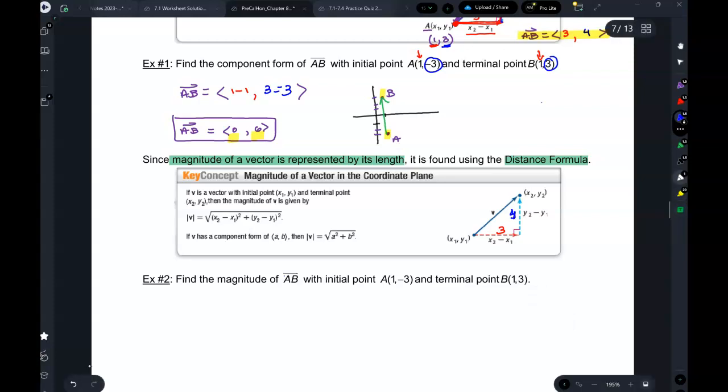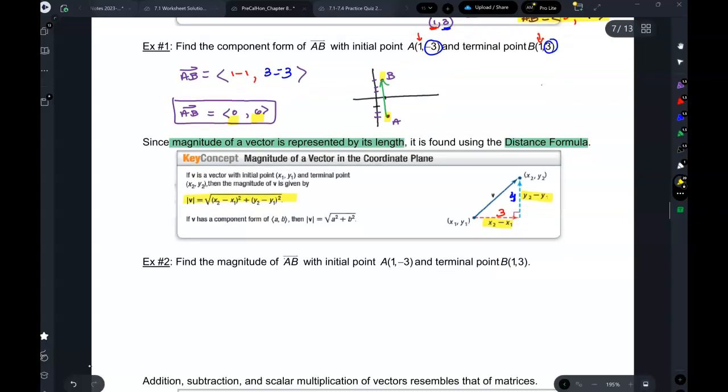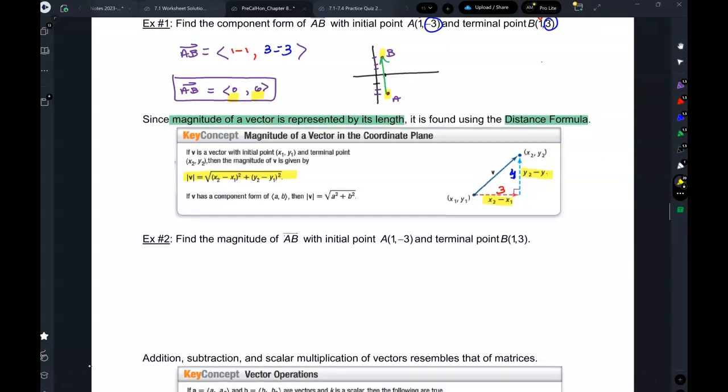So I would have to do the x component squared plus the y component squared, and all this has to be in a square root. That's the distance formula. So this is how we find magnitude of a vector: the square root of (x2 minus x1) squared plus (y2 minus y1) squared.